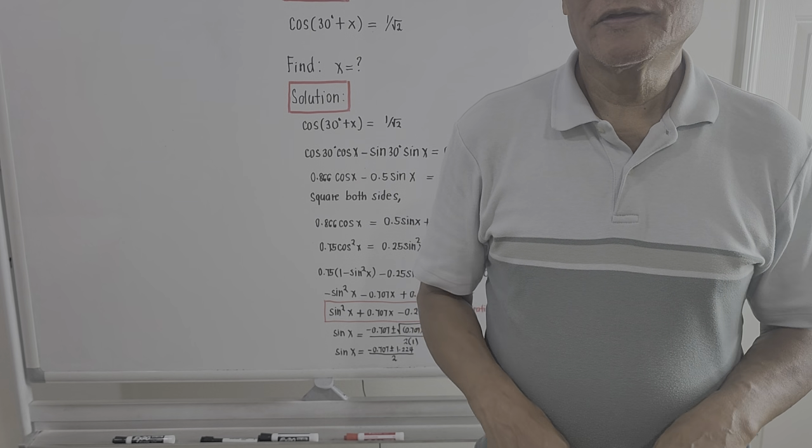This falls under the form cosine of the quantity a plus b. We must bring out the expansion of this one.